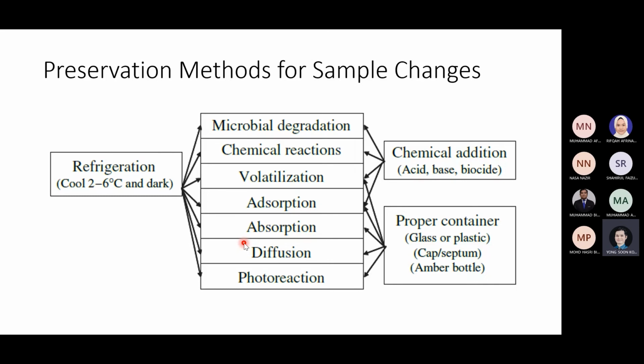So once you collect it, they may start to diffuse within that container. And surely that does not represent the water sample that you collected from a site, from a river, for example. So that might happen. Photo reactions, I think I told you just now with the dark bottle, so I'll skip. So a long story. There are many ways that a water sample can change.